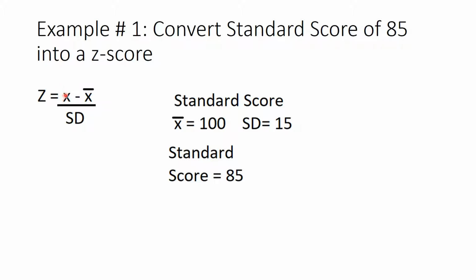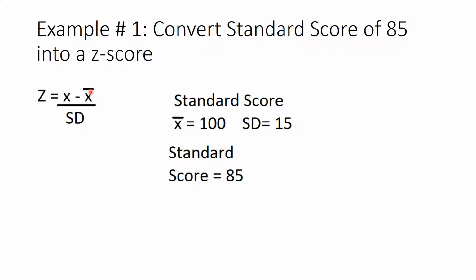And so for this one, it's going to be 85 because we want to convert a standard score of 85 into a z-score. So for this x, we'll put 85 right here and then minus the mean of that score. So the mean of standard score is always 100, always, no matter what. So we're going to plug in 100 right here for the mean.